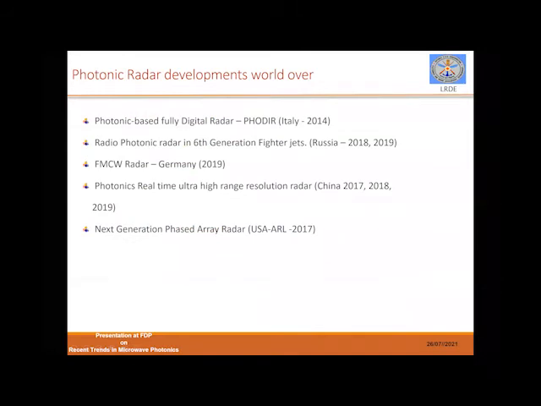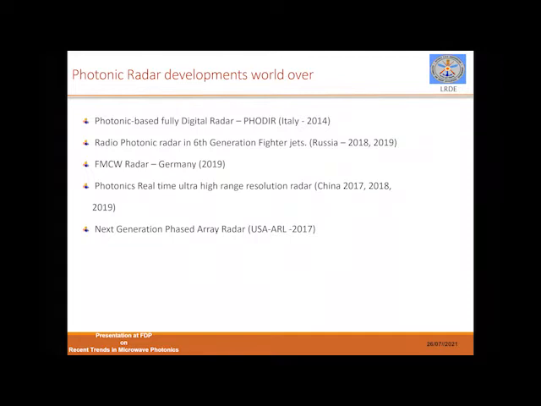Before going into detail, I also want to highlight the various photonic radar developments around the world. Italy reported in 2014 a photonics-based fully digital radar, which they named FODIR. Then Russians are coming forward with photonic radars in their sixth generation of fighter jets, reported in 2018 and 2019.